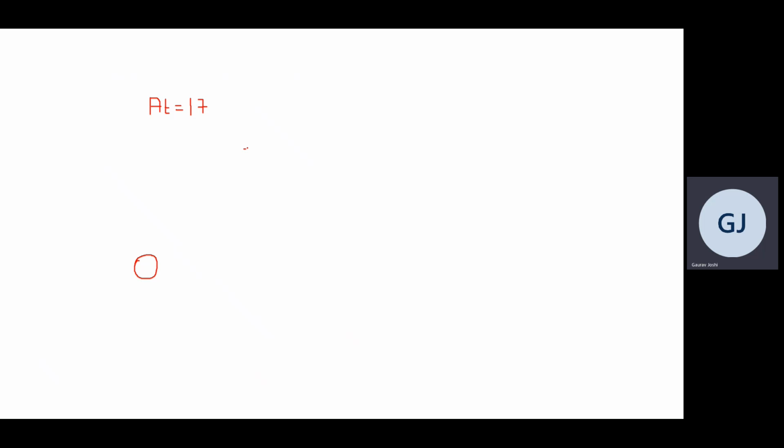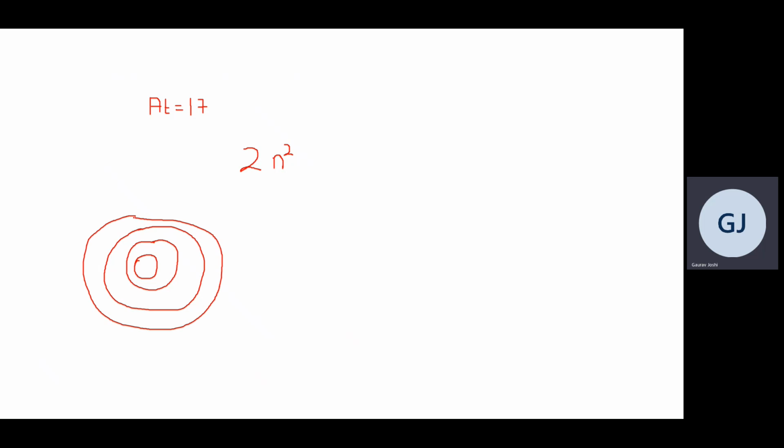They will be filled according to the 2n square rule. When we have a first shell, then a second shell, or a third shell, this is the nucleus and this one is the first shell.